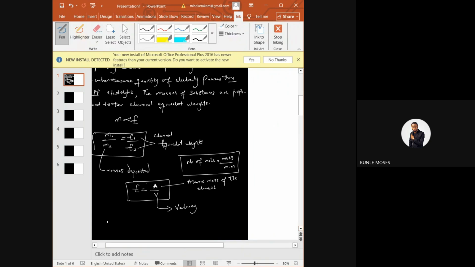Now we have a general formula. There's another formula that we have, which is also used in electrolysis. It is M equals Q over 96,500 multiplied by M over V, where this M is a capital letter.